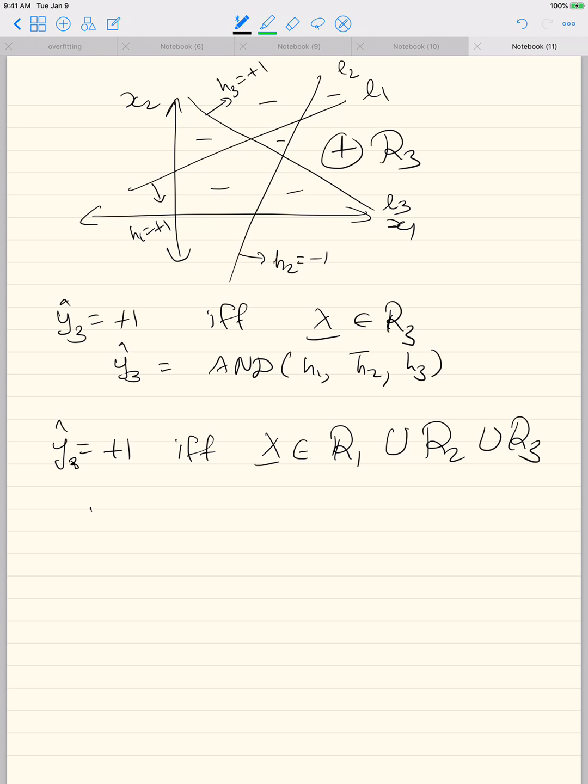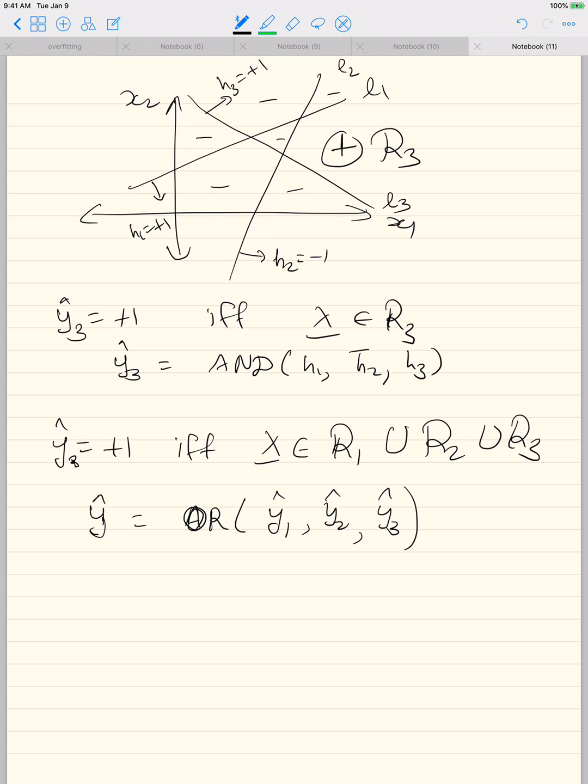So this can be done by simply setting y hat to be the OR of y1 hat, y2 hat and y3 hat. So the overall output will be obtained by finally taking the OR function of y1, y2 and y3. So this can be implemented again using a 3-layer neural network.